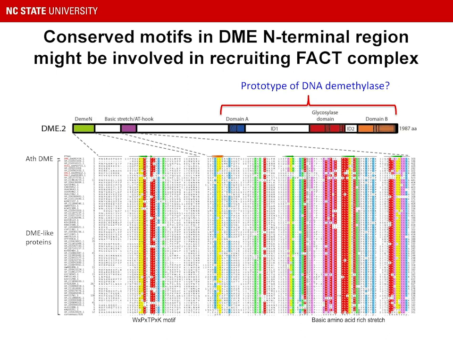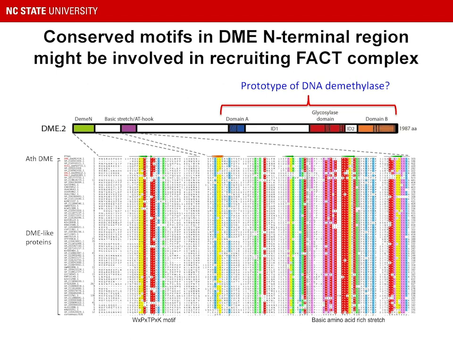So we suspect that the conserved region at the N-terminal most likely mediates the recruitment of the FAC complexes to these heterochromatin target sites. The C-terminal alone is functional, but why do you need all this? And perhaps this represents a prototype of the DNA demethylase.